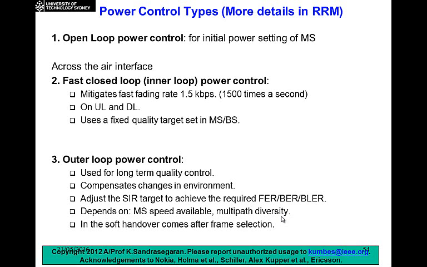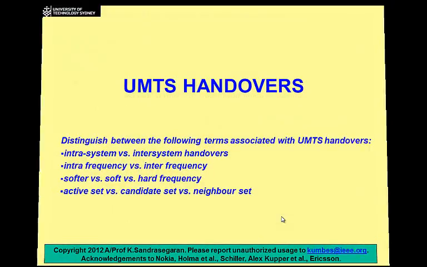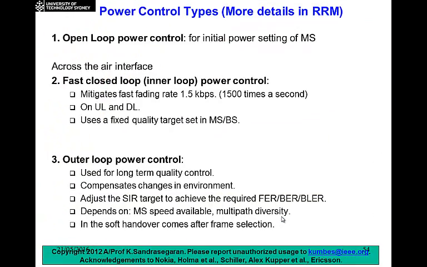Initially, a mobile does not know what its transmission power should be, and so what it does is it goes through a process of slowly increasing its transmit power until it establishes communication with the receiver.